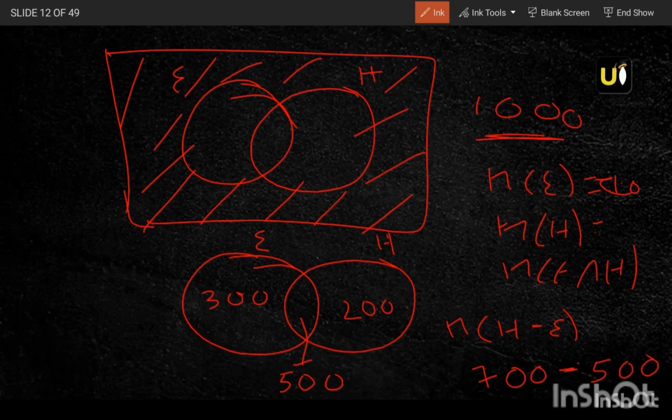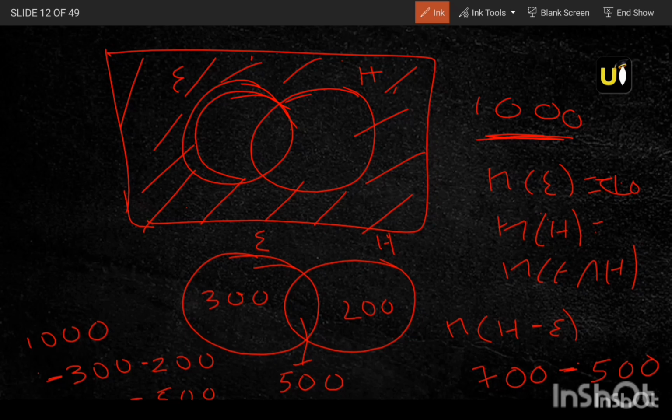So now we have to find the shaded region. That means we have to subtract these elements from the 1000 elements. So 1000 minus 300 minus 200 minus 500.